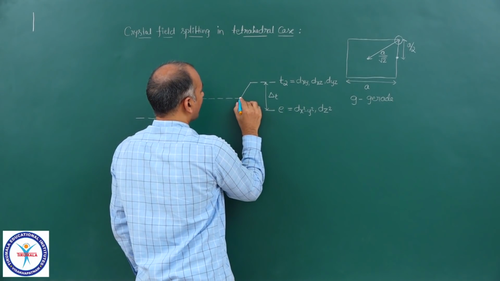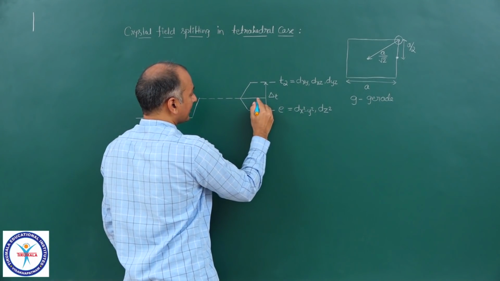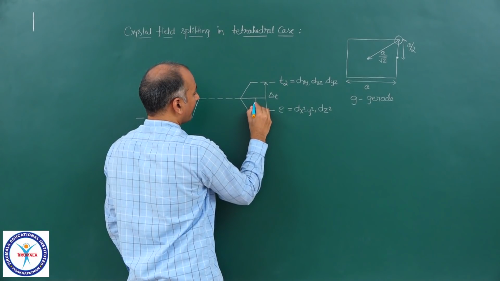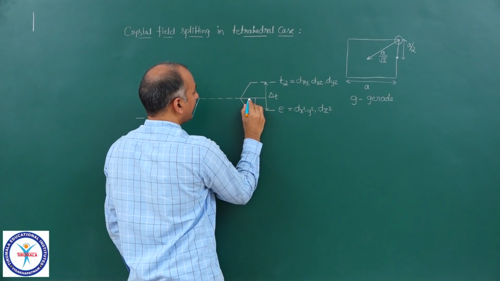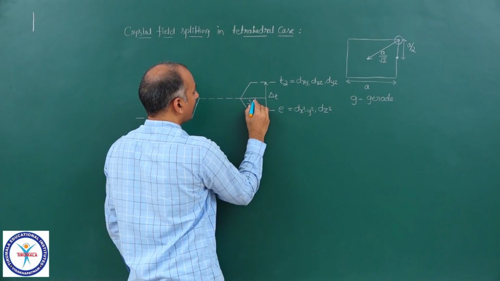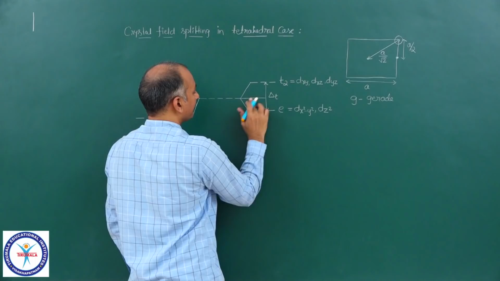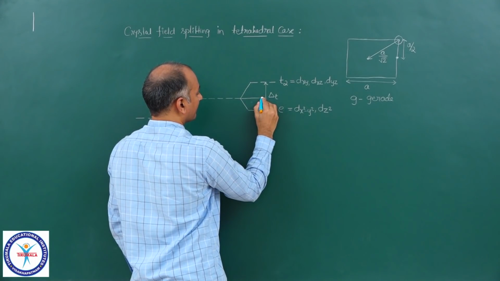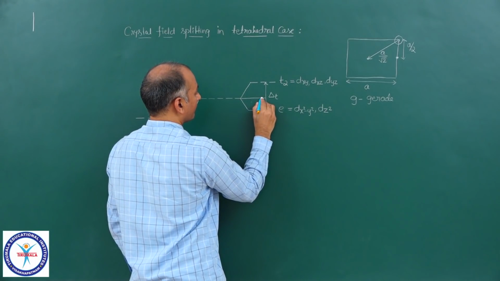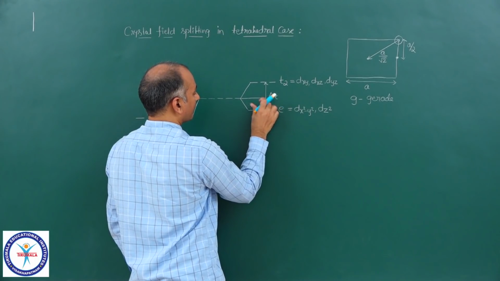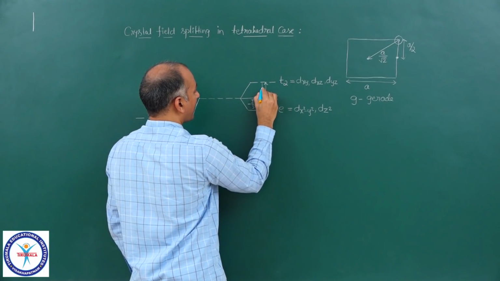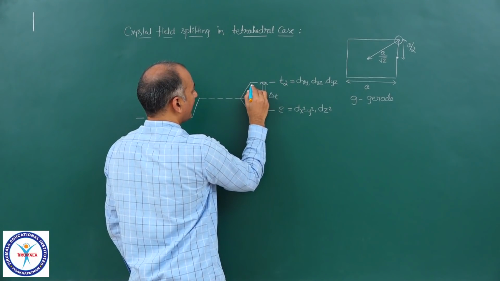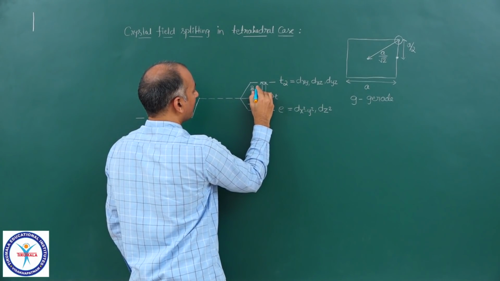Now here this set is stabilized by minus 3 by 5 delta T. And these orbitals are destabilized by 2 upon 5 delta T.